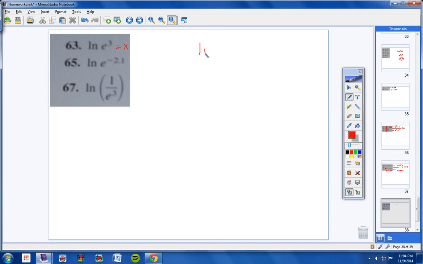Okay, natural log of 1 over e to the 3rd equals x. Now we write this with the base of e. There we go. Now write this expression exponentially. So e to the x equals the argument. Here's the argument.